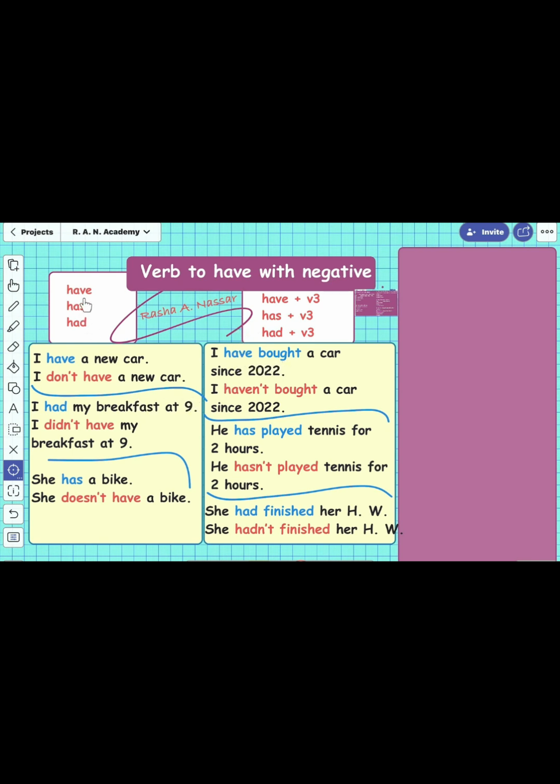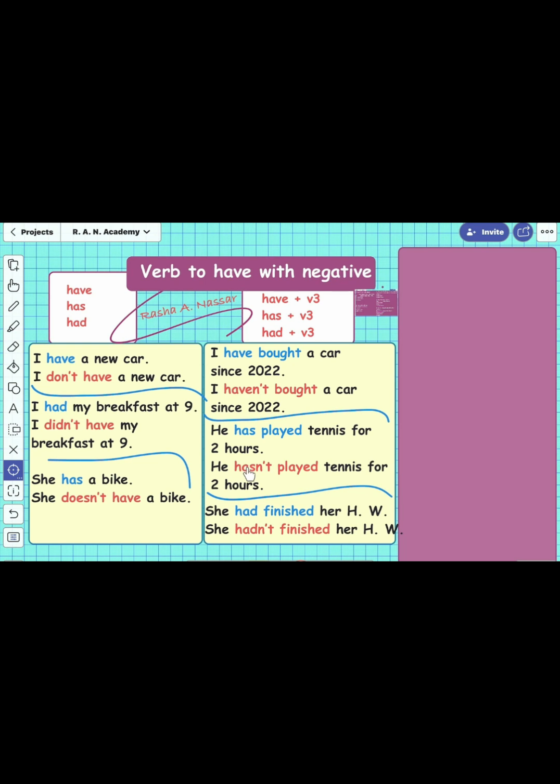So, if I have a sentence with the verb to have only, I will change it by using don't, didn't, or doesn't. But if I have the verb to have in the sentence with other verbs, I have to choose only not to change the sentence into negative.